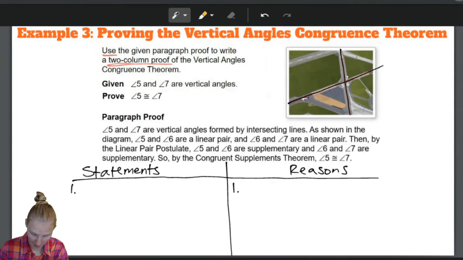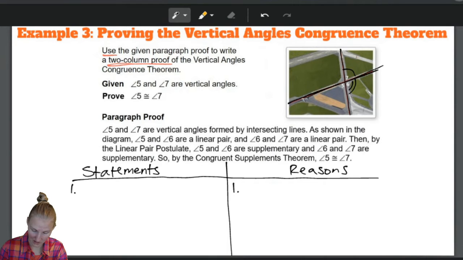So angle 5 and angle 7 are vertical angles formed by intersecting lines. As shown in the diagram, angle 5 and angle 6 are a linear pair, and angle 6 and angle 7 are a linear pair. Then, by the linear pair postulate, angle 5 and angle 6 are supplementary.